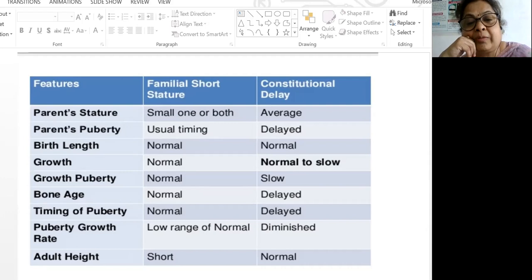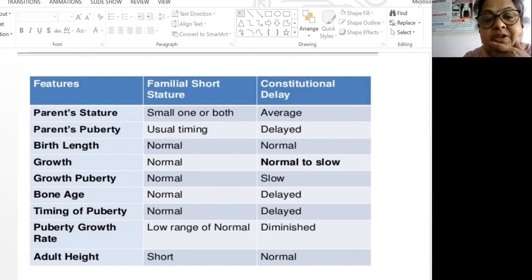Then growth will be normal in familial short stature, while it will be normal or slow in constitutional delay. Growth in puberty will be normal in familial short stature, while it will be delayed in CDGP. Then bone age will be normal in familial short stature, while it will be delayed in CDGP.